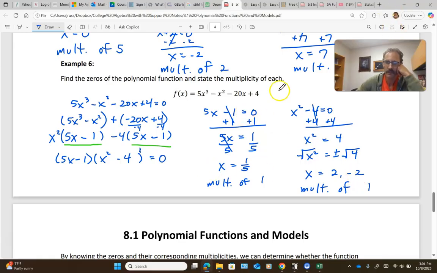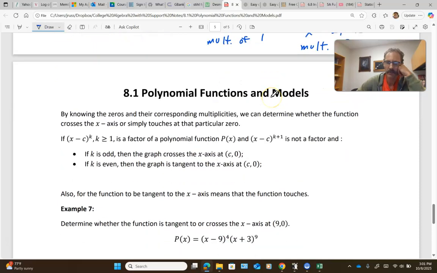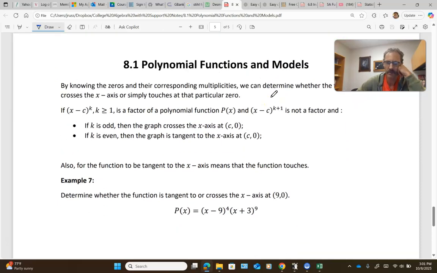All right. Well, the last thing we're going to do is what I mentioned earlier. So if we know the zeros and the multiplicities, we know that the function will have some sort of contact with the x-axis at that particular value. But how do we determine whether the function touches or whether it just, well, I did not just gesticulate that correctly.